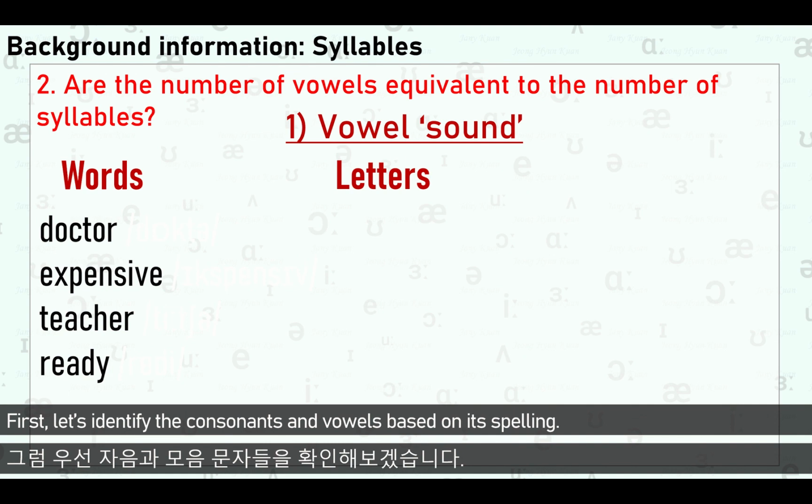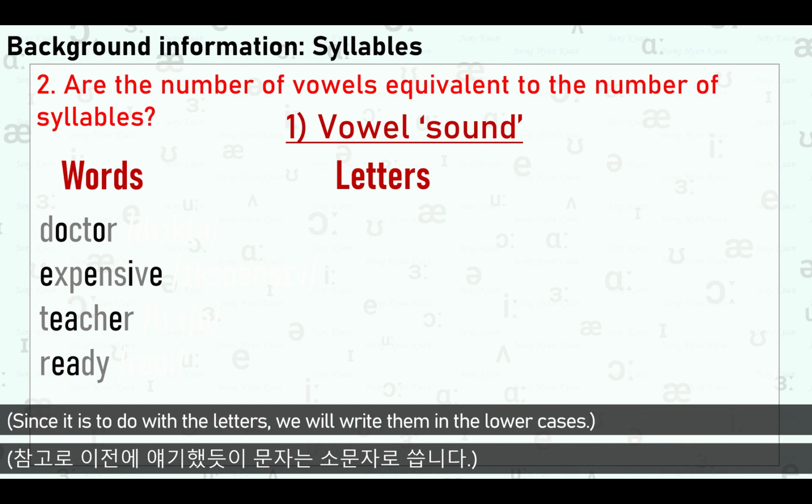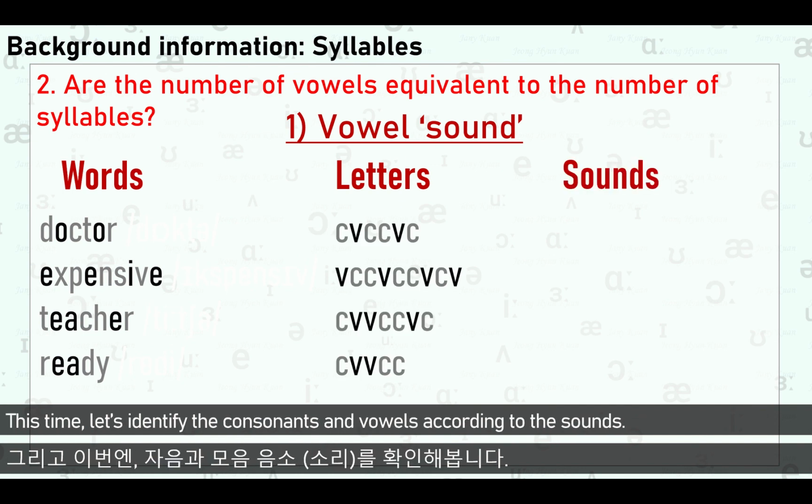First, let's identify the consonants and vowels based on its spelling. Since it is to do with the letters, we will write them in the lower cases. This time, let's identify the consonants and vowels according to the sounds.